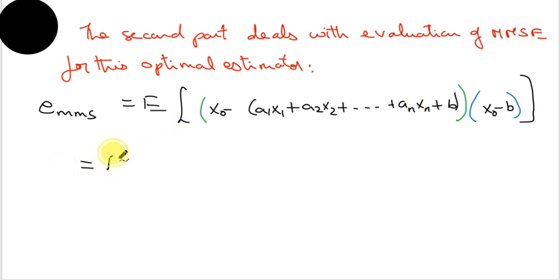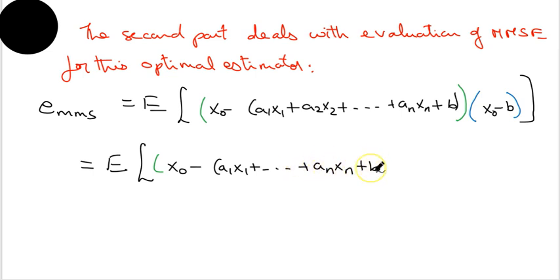So this value would give me an expectation of x naught minus all these terms a1 x1 plus etc. plus an xn plus b, let's close the bracket, into, when I go for this x naught minus b, again, replacing this x naught minus b, what is this? x naught tilde minus b.